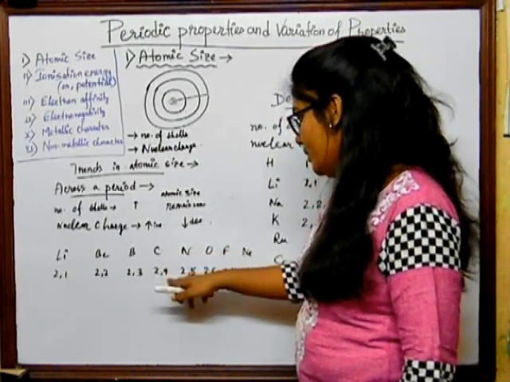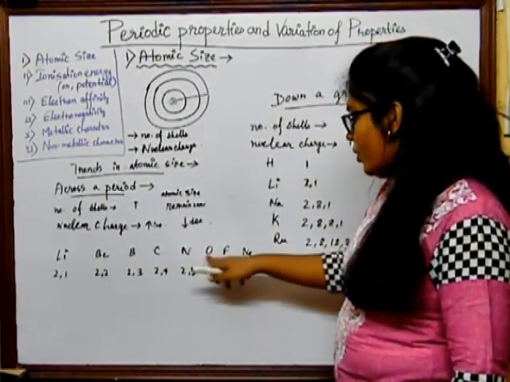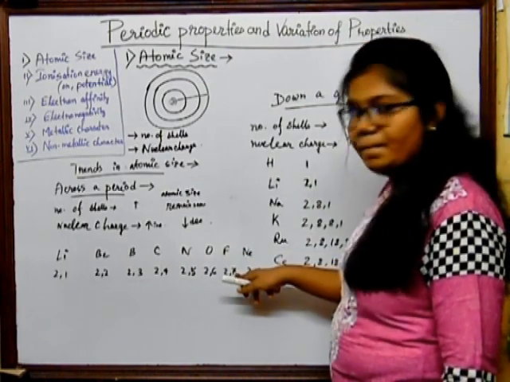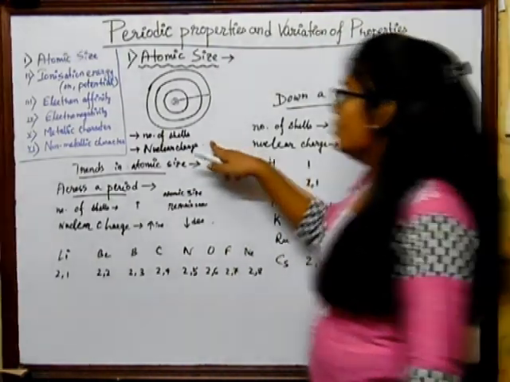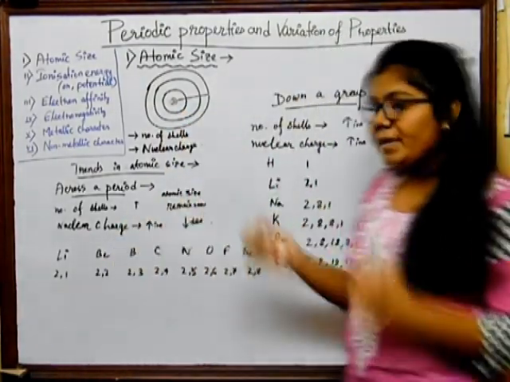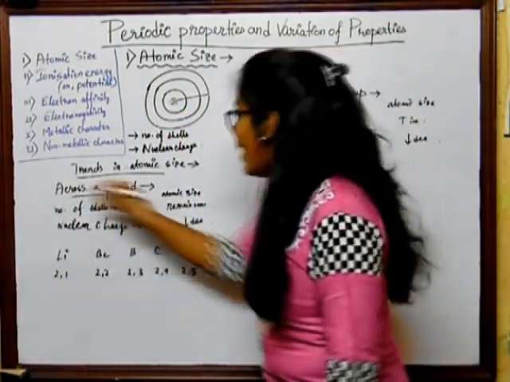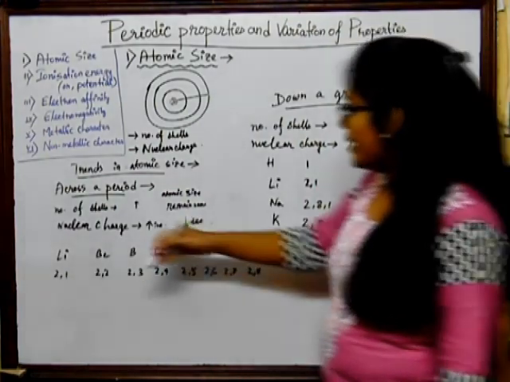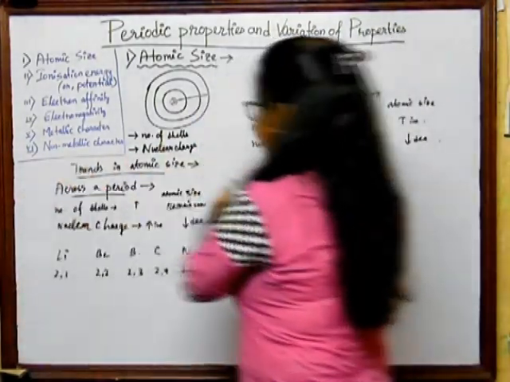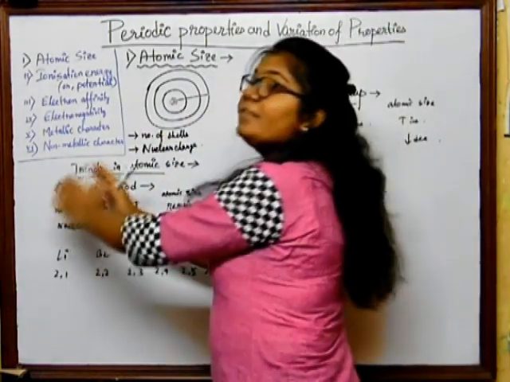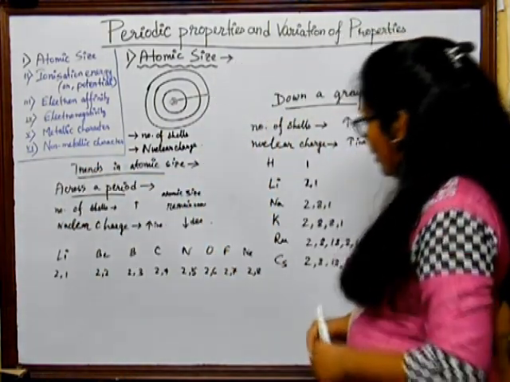In carbon, there are 4. Nitrogen 5, oxygen 6, fluorine 7. So nuclear charge increases, so the atomic size will decrease. As a whole, across a period, from left to right, the atomic size will decrease.